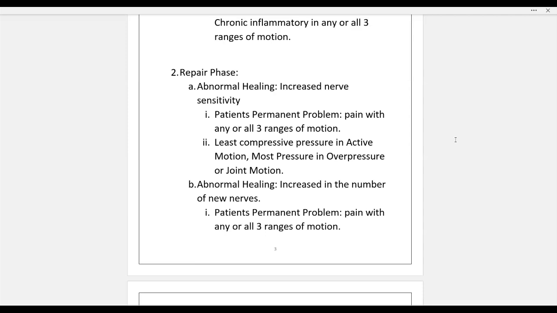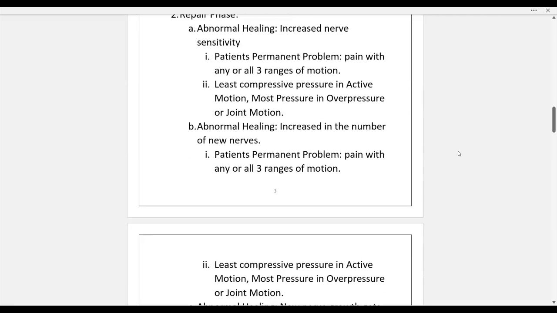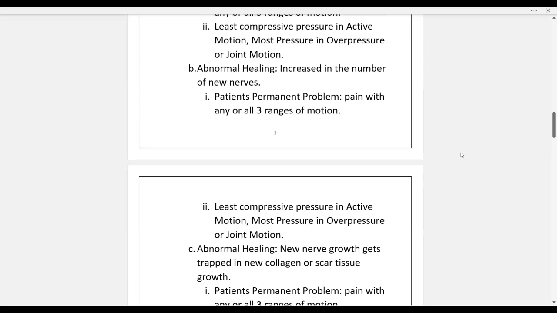But for you to just move your head, bend your elbow, that's an active range of motion. How much tensile forces are there? Very little. How much compressive forces are there? Very little. This is going to be important in being able to explain pain. Okay, abnormal healing. So if there's an increase in the number of nerves, so what can cause it? Patients with permanent problem, pain in any of the three.